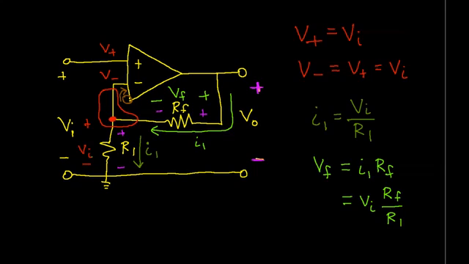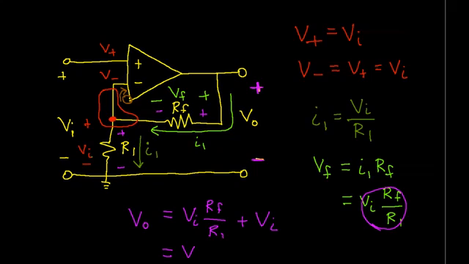We know that the voltage across RF is VI times RF over R1, and we know that the voltage across R1 is VI. So now we can factor out a VI, and we get VI times 1 plus RF over R1.